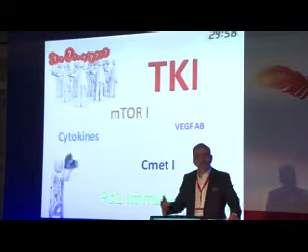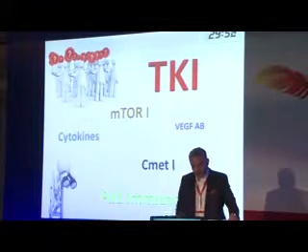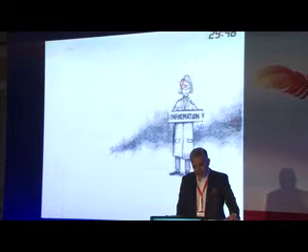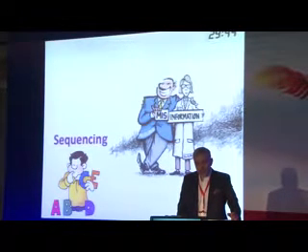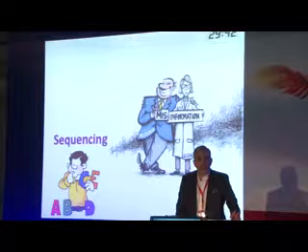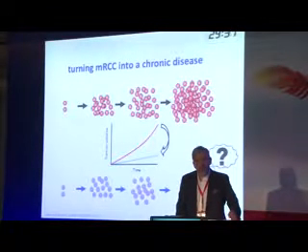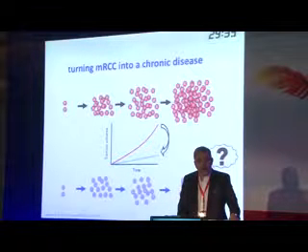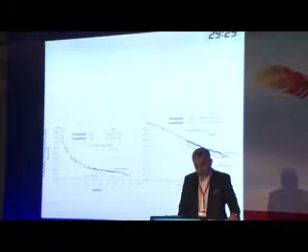Or do we go for another tyrosine kinase inhibitor, which may help or may not help, or give the combination with a high response rate? Now, we have to interpret these data very carefully and decide how to sequence these therapies for our patients. The main questions are how to control this disease and how to have prolonged control of the disease for a longer duration.